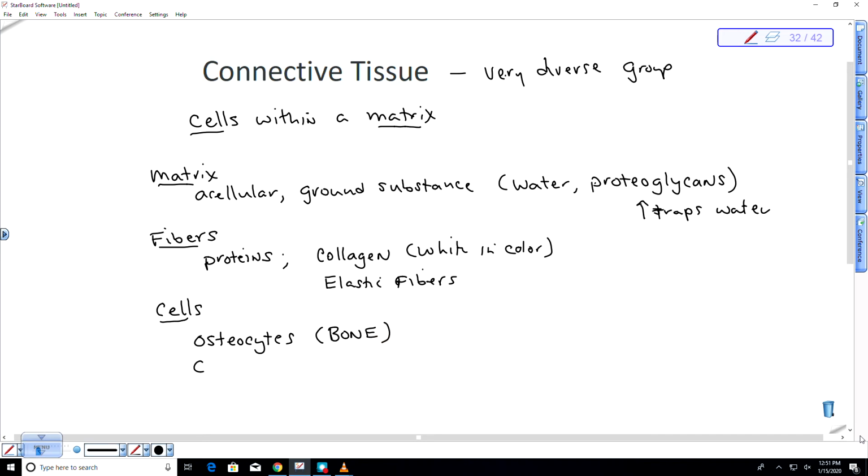We can talk about chondrocytes. Where do you think those are found? What makes up the rings of our trachea? Cartilage.